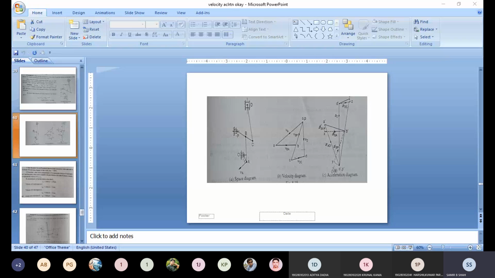Draw vector P dash y parallel to the vector PB, which is 9.4 meter per second square.